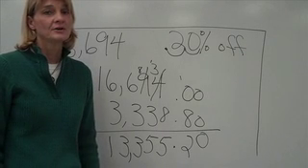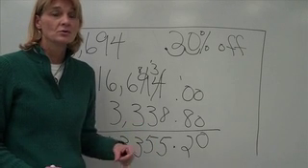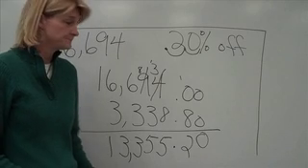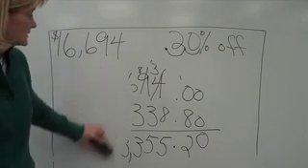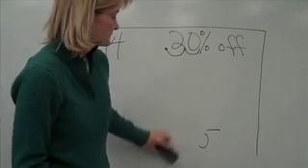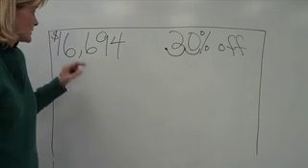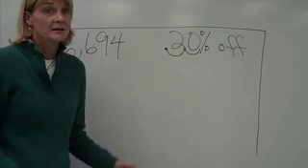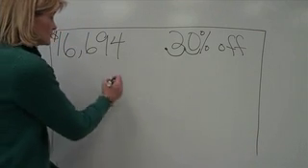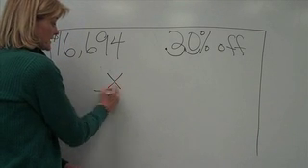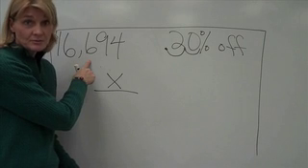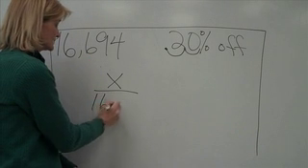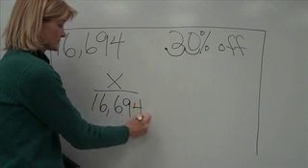You may have learned this a different way. Let me show you how to use the part over the whole equals the percent over 100. And you will get the exact same answer. The part in this case is something that we don't know. So we will use an X. The whole is the original price, $16,694.